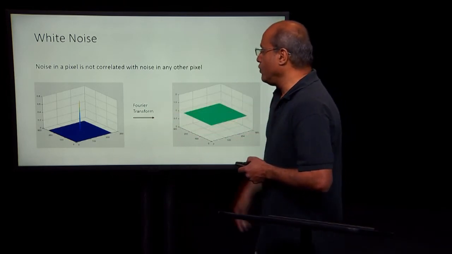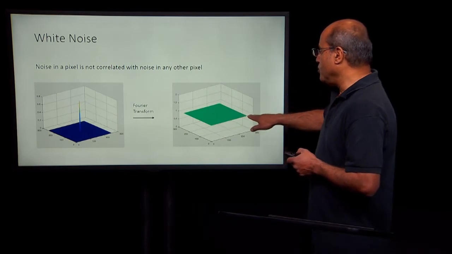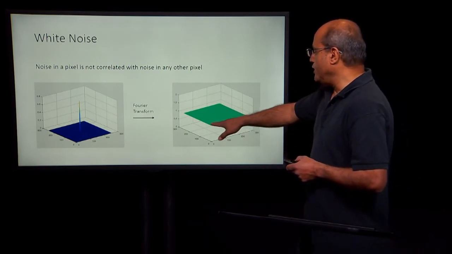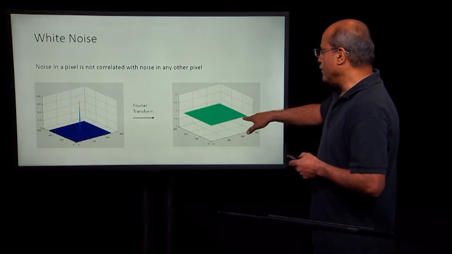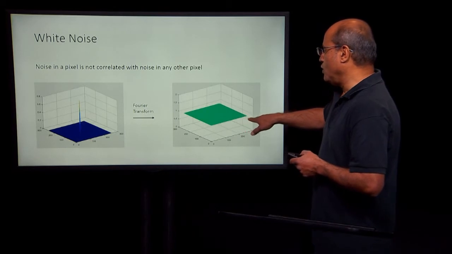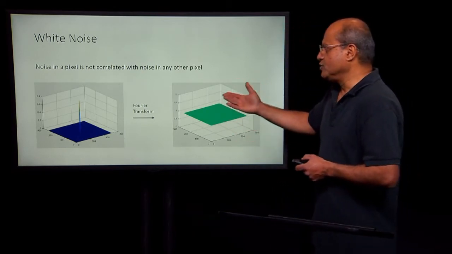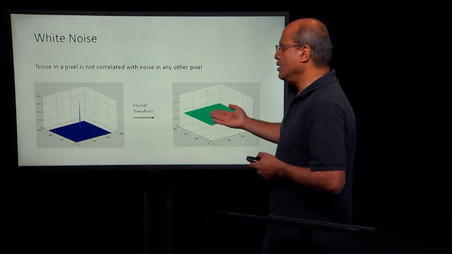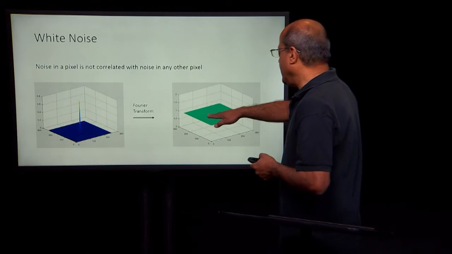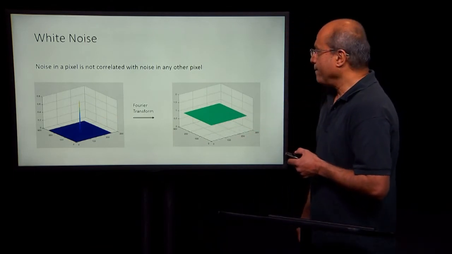And if you take its Fourier transform, then the magnitude of that Fourier transform turns out to be a completely constant function. And that's why it's called white. So if you think of this roughly the frequency as color, then this has all of the colors. So in some sense, it looks white. And that's why this is called white noise. The important part is that the autocorrelation function is a spike, and its spectrum is completely flat.